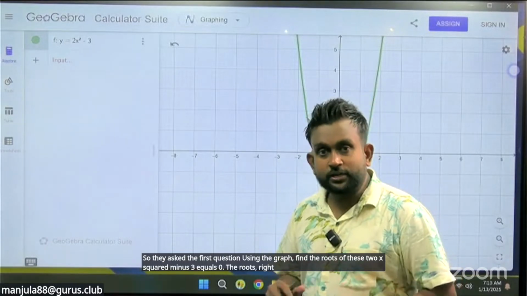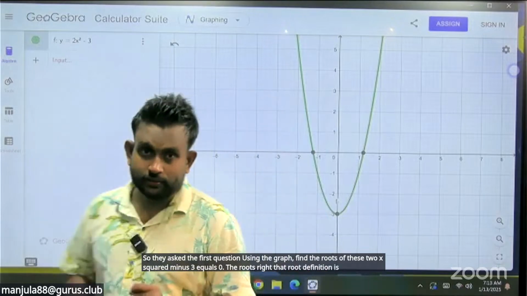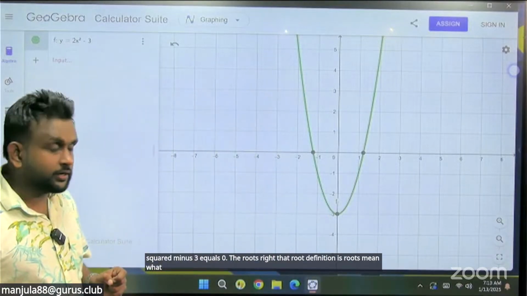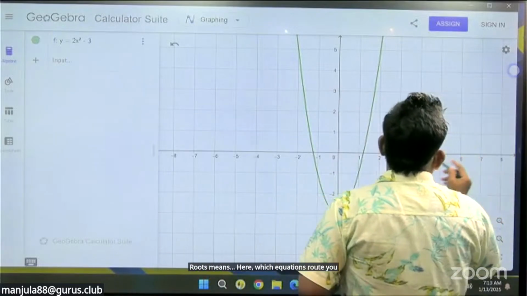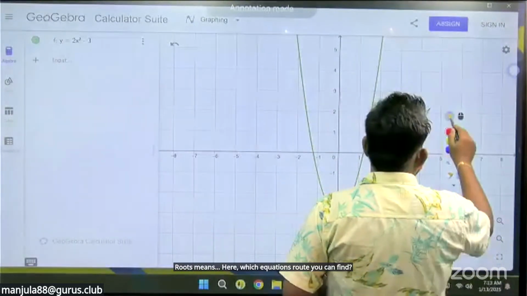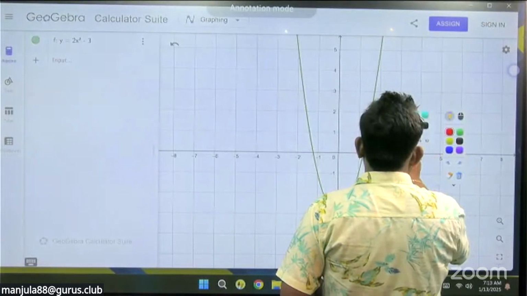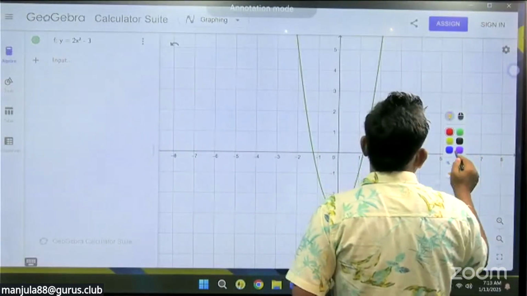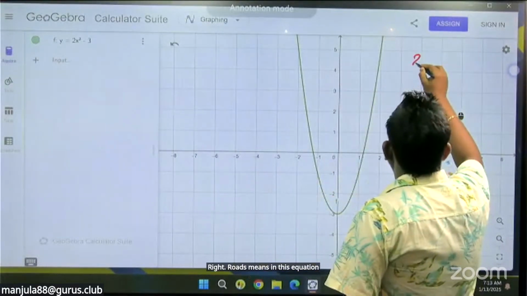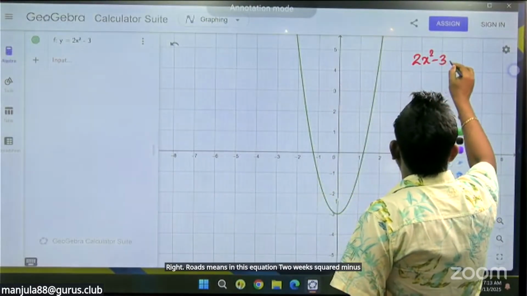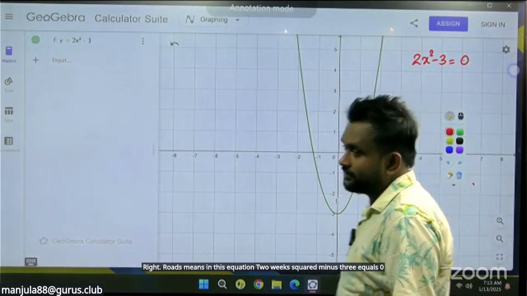What does roots mean? Roots means the roots of which equation you can find. In this equation, x squared minus 3 equals 0, they're asking for the roots.